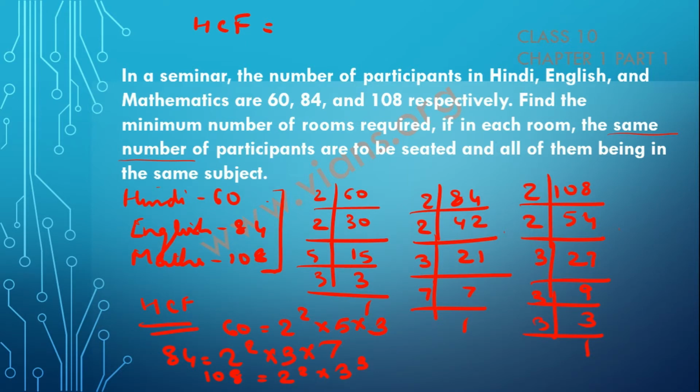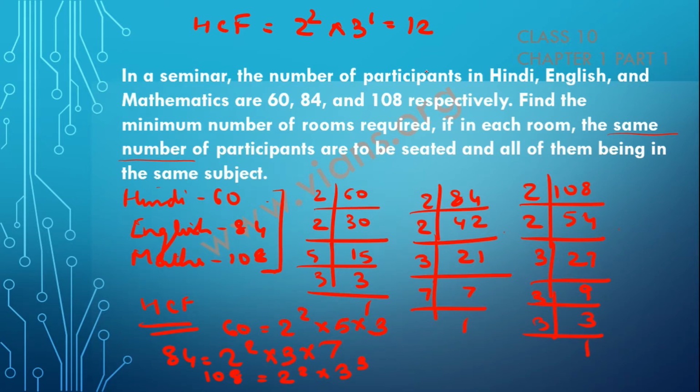The common factors among these three are just 2 and 3. 5 does not appear in the others, and 7 does not appear in the other two numbers. The lowest power of 3 is 1, and for 2 it is 2 square in all three. So 4 3s are 12. Your HCF is 12.